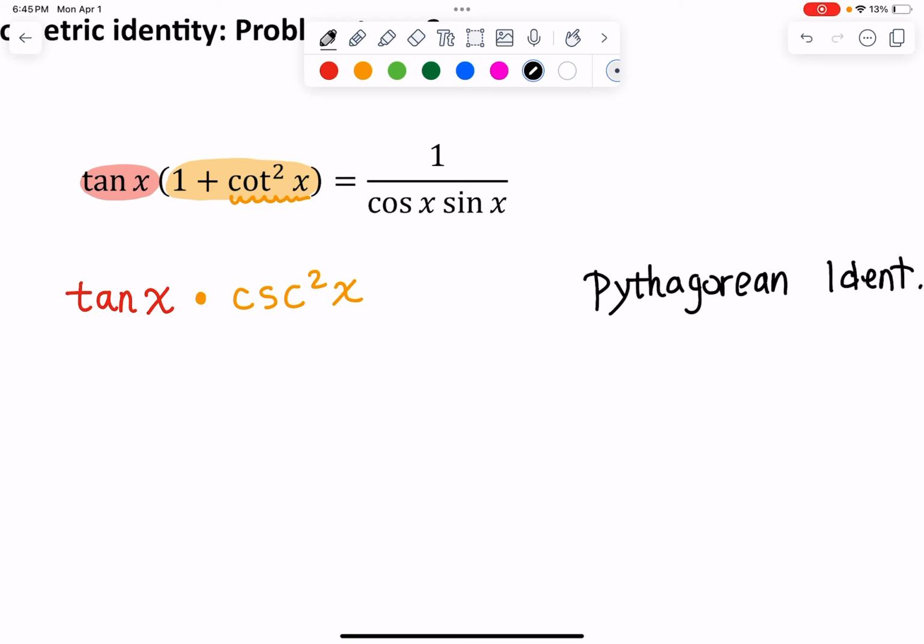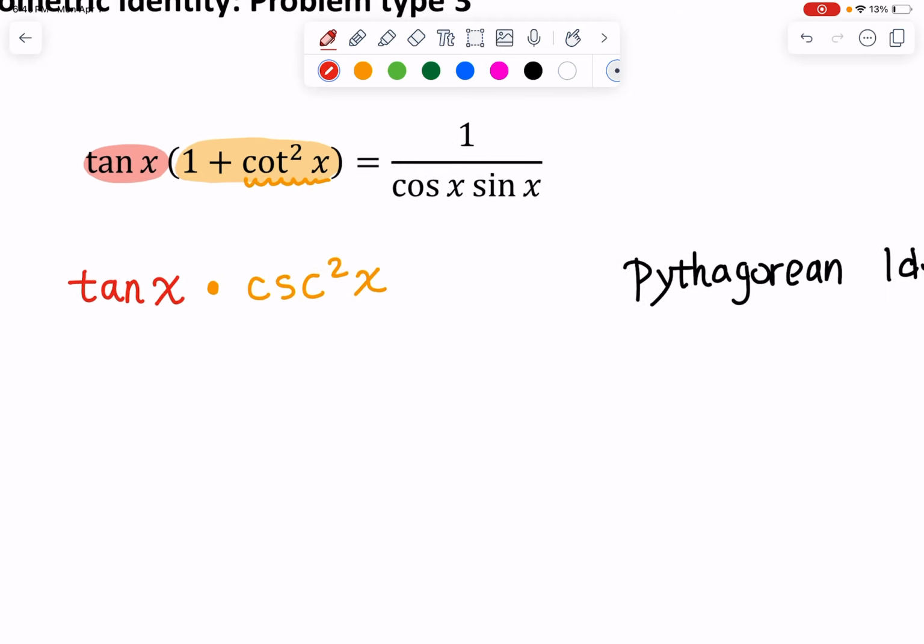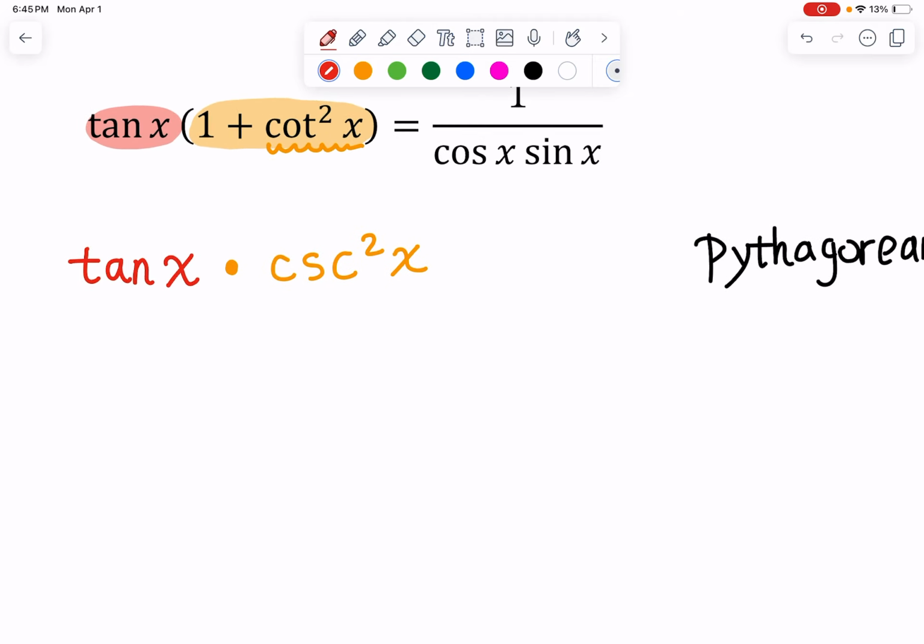Next, now let's try to simplify this. Here's what I do. I always try to rewrite any of these trig functions into sines and cosines. Just sines and cosines so that we can simplify, we can cancel out something. So what is tangent in terms of sine and cosine? Well, tangent is sine over cosine, right?